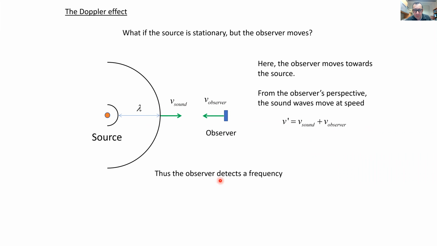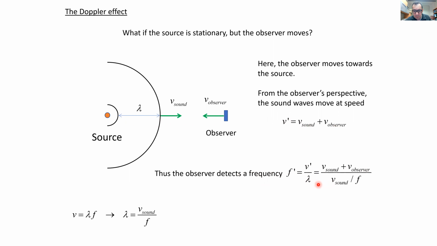So the observer detects a frequency. Remember these relationships? The observer detects a frequency f prime, which is this speed, the perceived speed of motion of the wavefronts, divided by the wavelength that's there. So plug this in there.